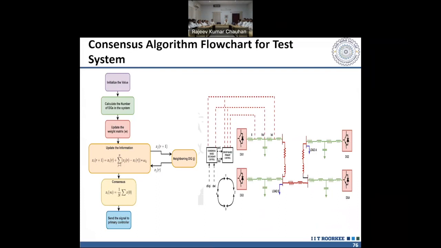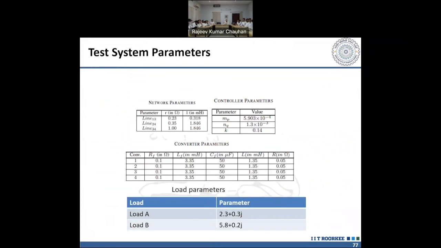Whenever the converters are working at some base load and there is a change, there is a drop in the voltage and a drop in the frequency. Using this consensus algorithm, we change the firing angle of all the converters so that they can again retain the same voltage and frequency.